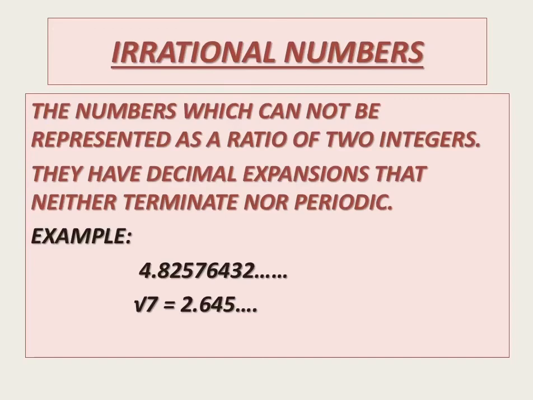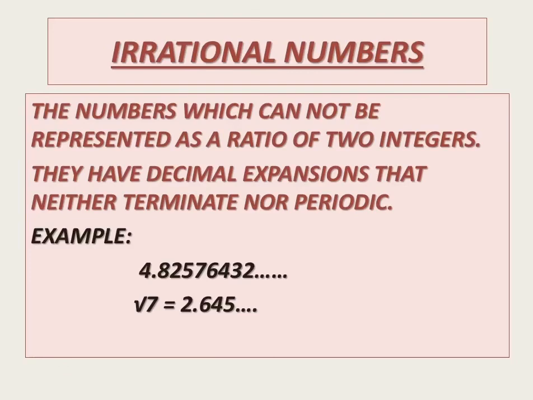Now for example, this number 4.8257643 and so on. This number is infinite. The decimal part in this number is infinite, right? So this is an example of an irrational number. Another number, for example, root 7.